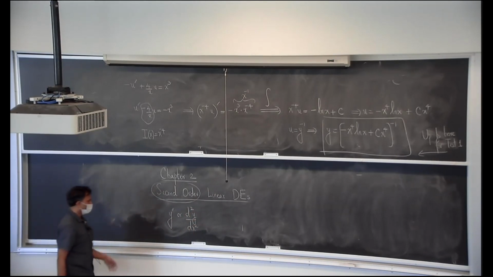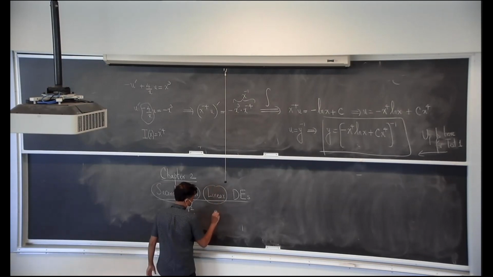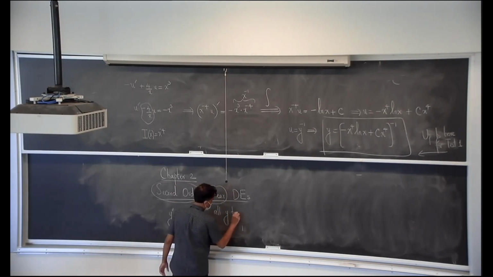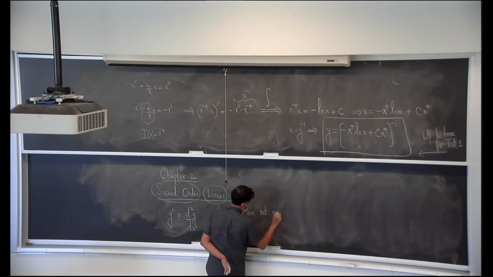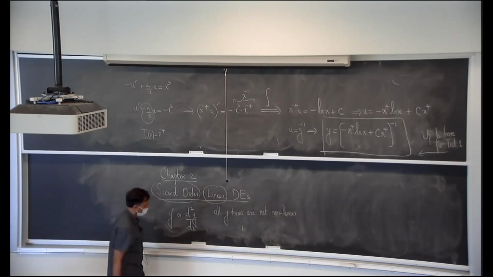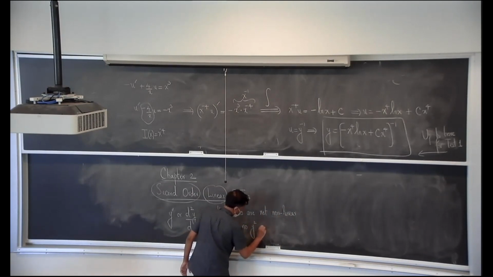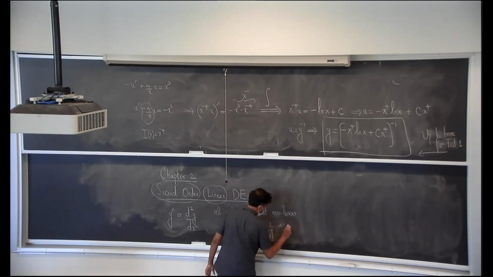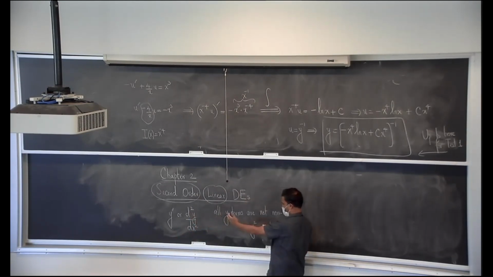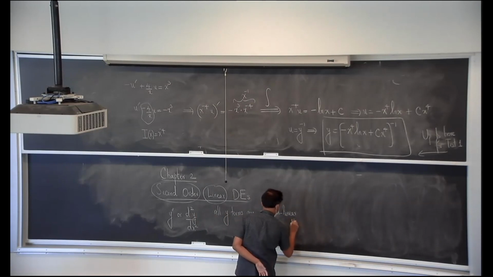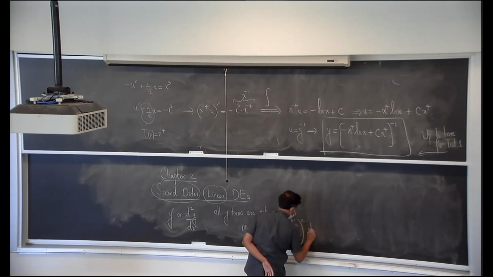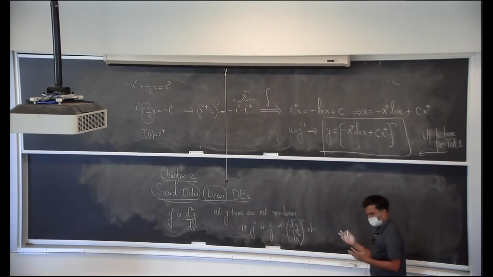And linear means that the equation is not non-linear, which means that there is no y squared or 1 over y, and you cannot even have the square of the second derivative for that matter. Those kinds of terms take it to a different level altogether.